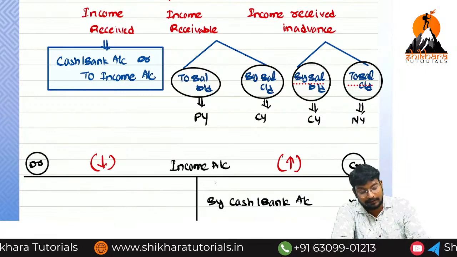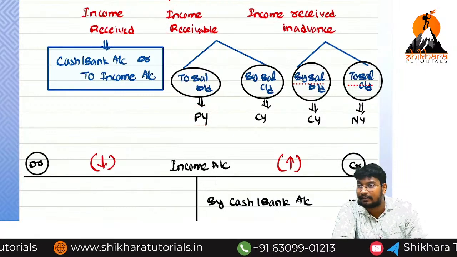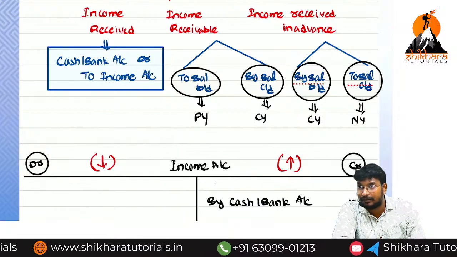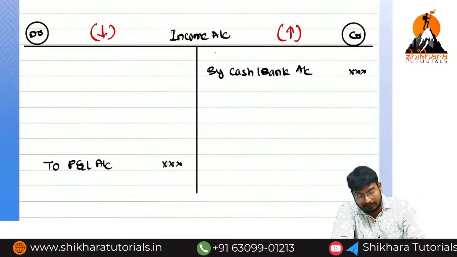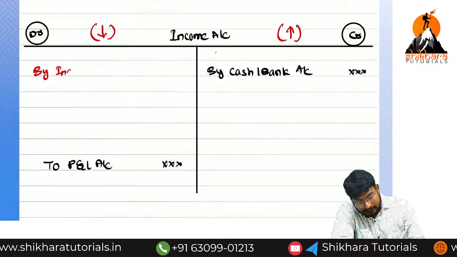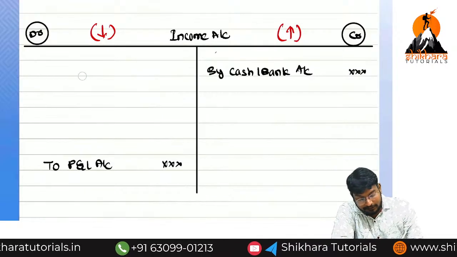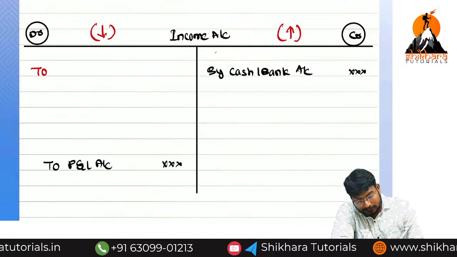When it comes to the income receivable point of view, previous year means increase or decrease? Decrease. Which side we need to record? Debit side. Okay. What we need to record? By income receivable. Okay, I am testing whether you are concentrating or not.